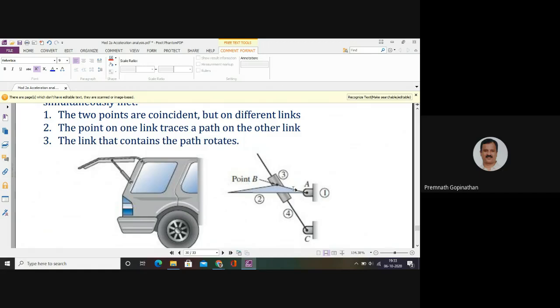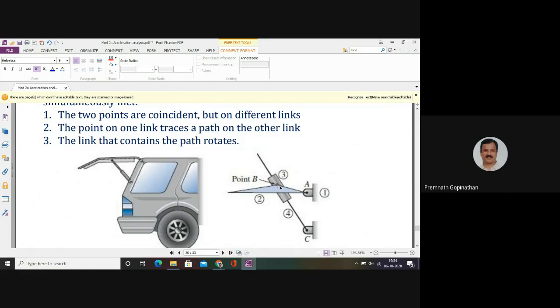Since the crank, the point B can be considered as lying on link 2 as well as on link 3 as well as on link 4. So that means point B is actually a coinciding point for all the 3 links.